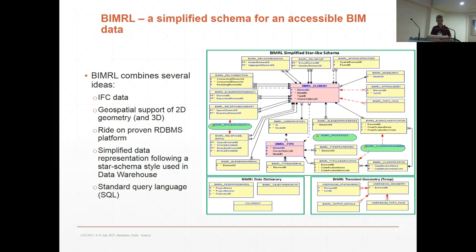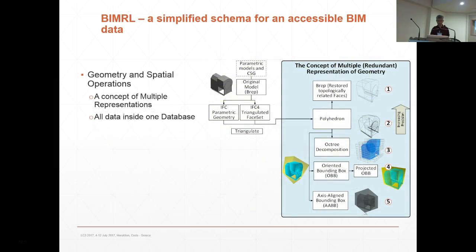We use an RDBMS with the data warehouse approach called a star schema. We have one central table and all the surrounding tables, basically allowing standard query language to be used, and most of the information is just one step away. It makes things simpler.